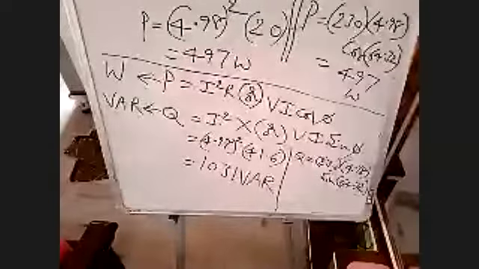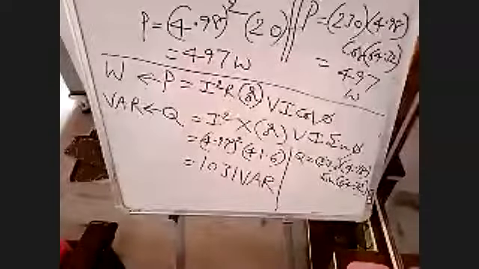Substituting the formula, I square X or VI sin phi, we have to get the same answer: 1031 VAR, volt amp reactive. Are you getting? Yes, sir.